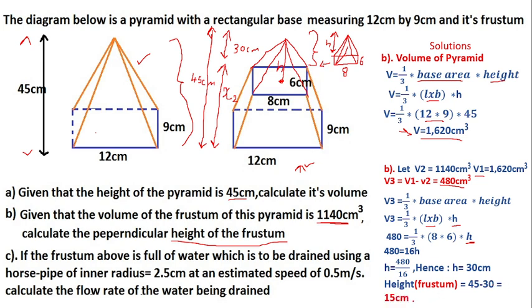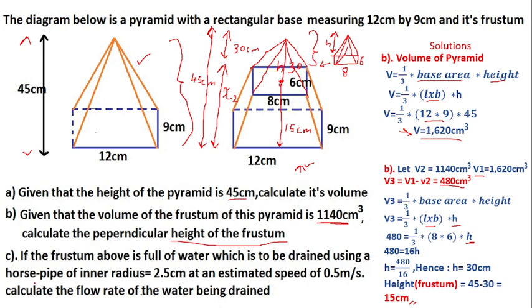This will give you 15 centimeters. So the height for the frustum, that is from this part to this part, is simply 15 centimeters. So 15 centimeters plus 30 centimeters will give you back 45 centimeters.